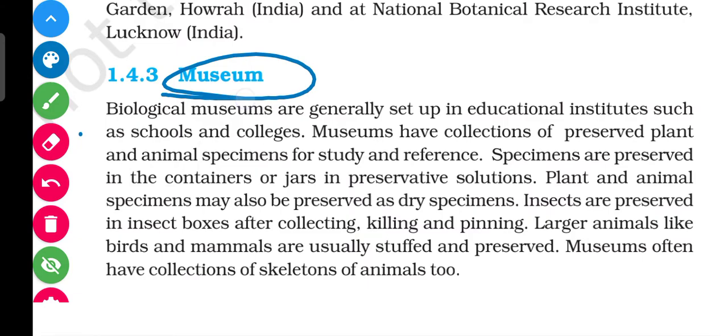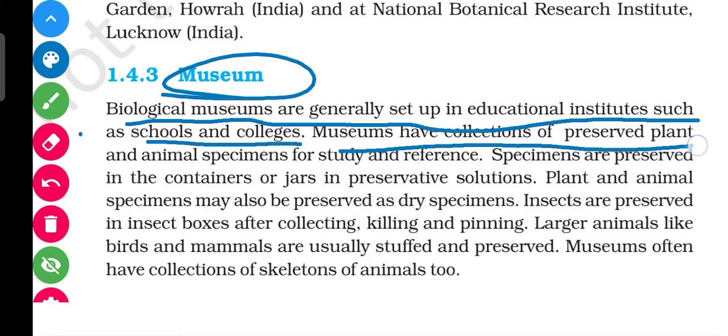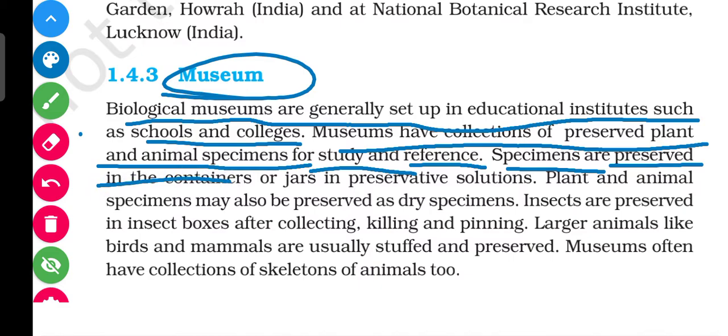So the next is museum. Biological museums are generally set up in educational institutes such as schools and colleges. Museums have collections of preserved plant and animal specimens for study and reference. Specimens are preserved in containers or jars in preservation solution.